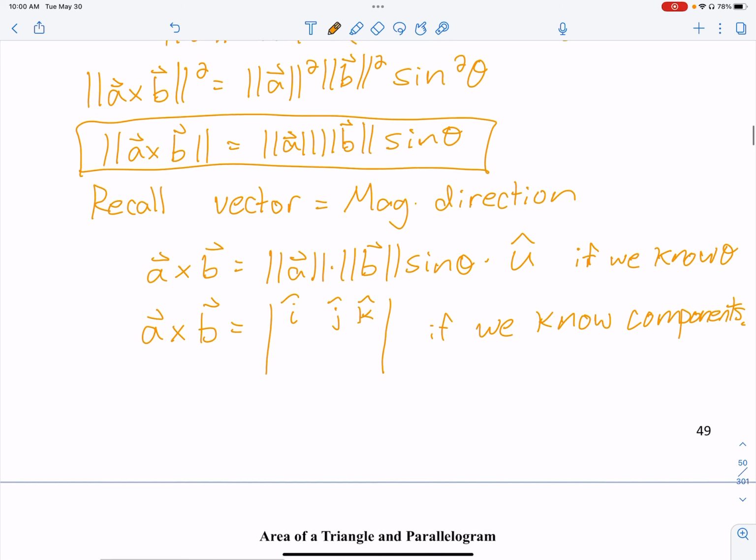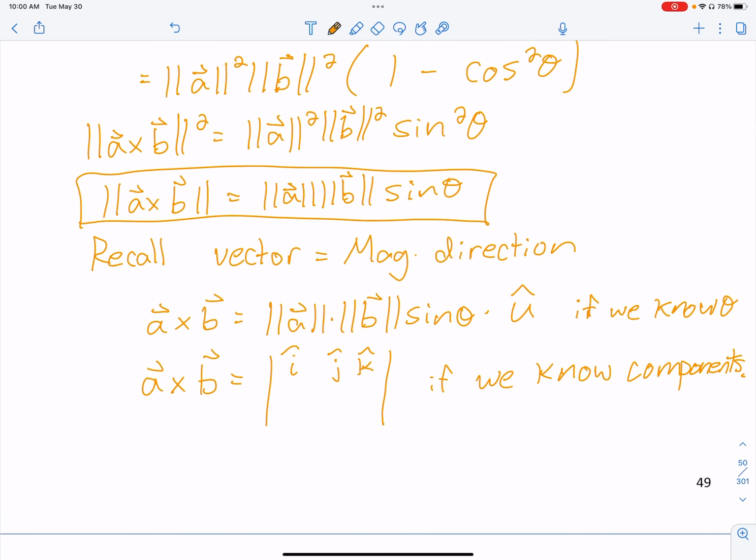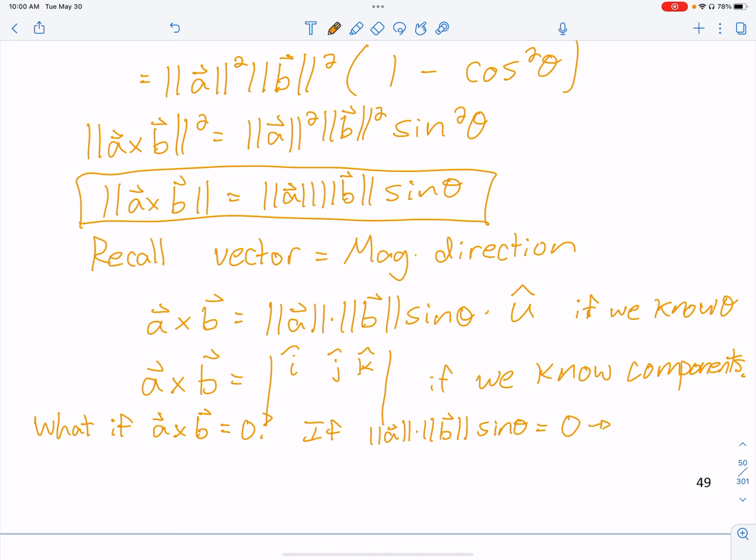Okay, a couple things. Let's ask a few questions, there's a big thing we can grab here. So what if A cross B equals 0? Then the magnitude of A times the magnitude of B times sine theta is equal to 0. That is my cross product. So that means if that's true, then sine theta equals 0.